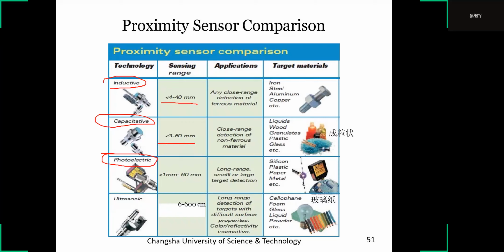Photoelectrical is 1 millimeter to 6 millimeter. Ultrasonic is 6 to 600 centimeter. This is the sensing range. The other sensors are for short distance. Ultrasonic is for long distance.